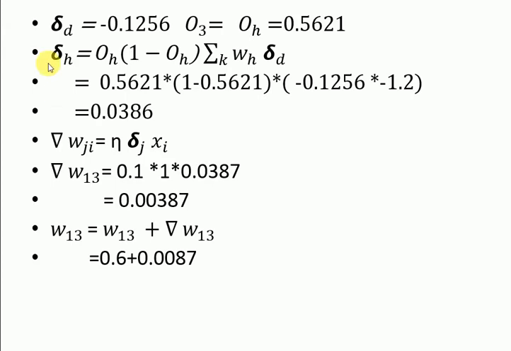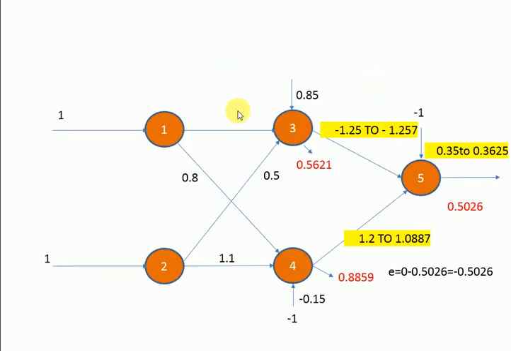To calculate the hidden value, we are using the complete back propagation algorithm. In the complete algorithm there are 3 formulas: this one for delta d, this one for the hidden layer, and this one for the derivative of W. We are using all 3 for the hidden value. See here, we are trying to calculate the weight of this 3, that is for 0.6.